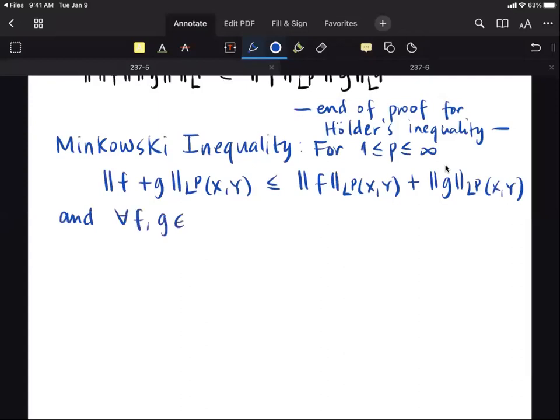Of course, f and g must be in this Lebesgue space. So that's the triangle inequality. The triangle inequality in Lebesgue spaces is also called Minkowski's inequality.